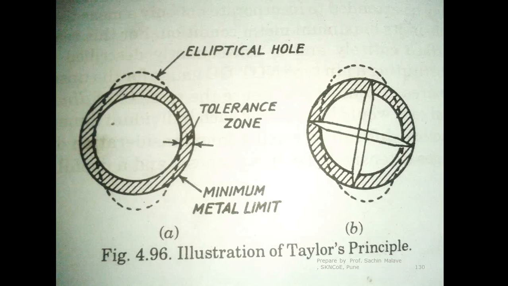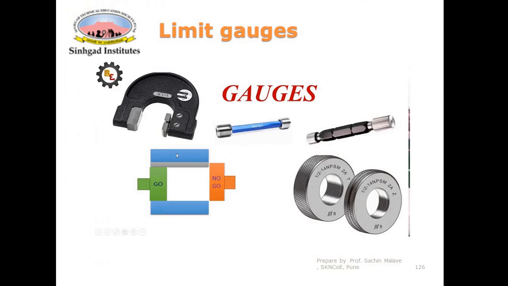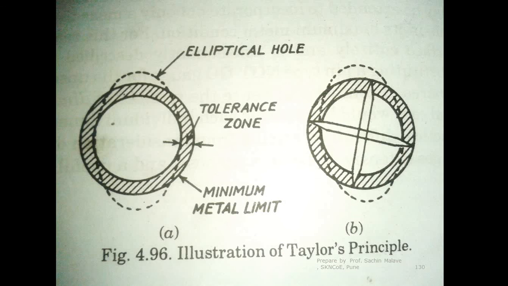Now let us say you come to the no go end. This is the no go end of the gauge. Now if you try to insert this no go end in this elliptical hole, tell me whether the no go end will pass here or not.